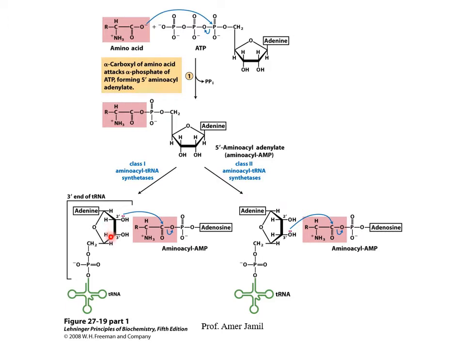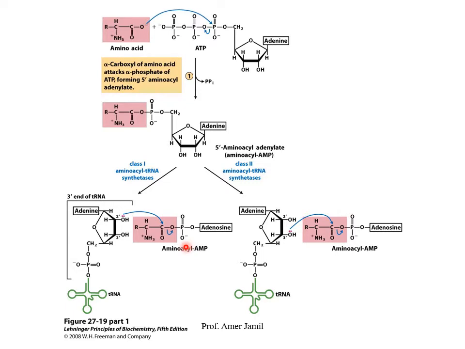There is a 2' hydroxyl and a 3' hydroxyl where the amino acid can be transferred. If it is transferred at this place, it is brought about by class 1 synthetase. But for other amino acids, it is transferred to this 3' hydroxyl. So this is the difference between the two classes.